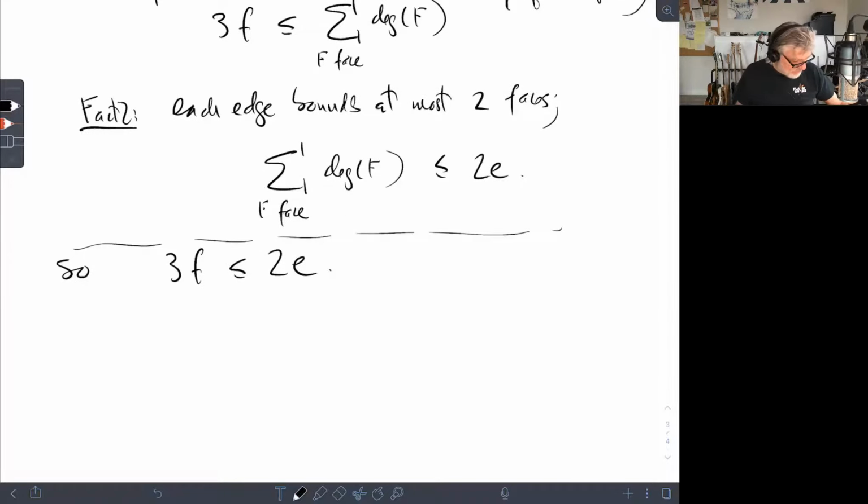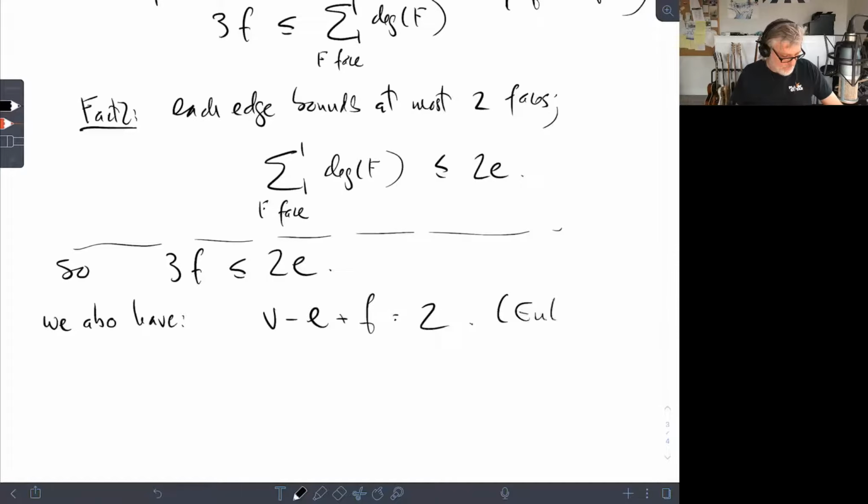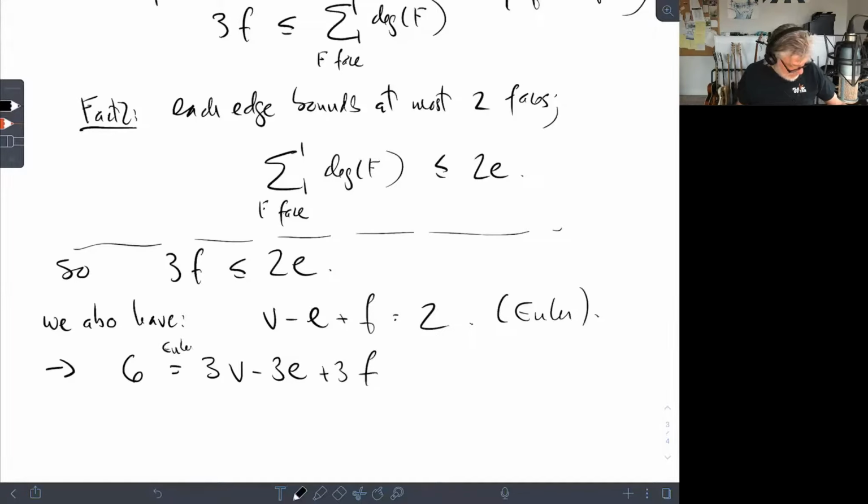And we also have Euler's formula, v minus e plus f is equal to 2. I would like to combine these 2 things, so I'm going to multiply Euler's formula by 3. I get that 6 is equal to 3v minus 3e plus 3f. And this here tells me that 3f is at most 2e.